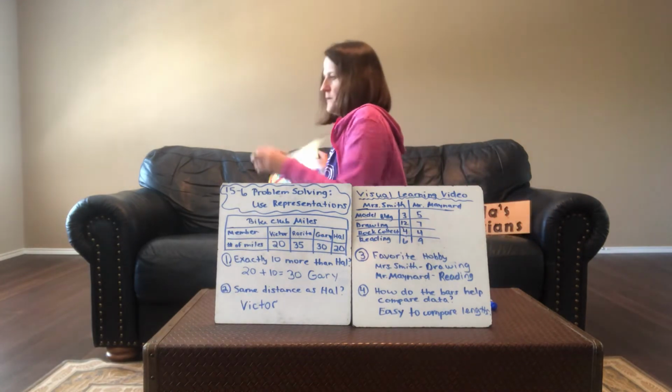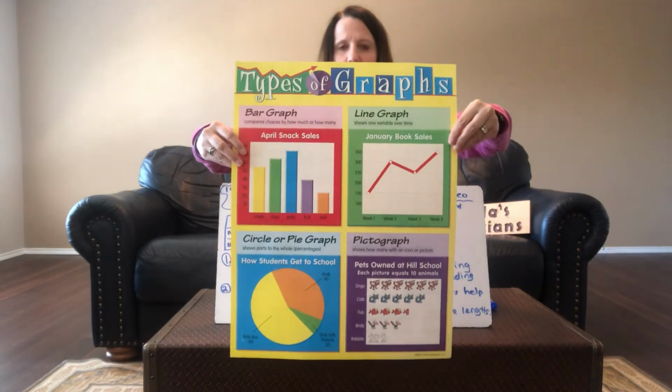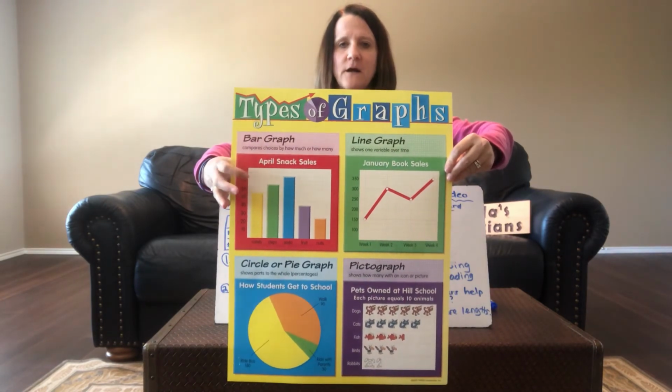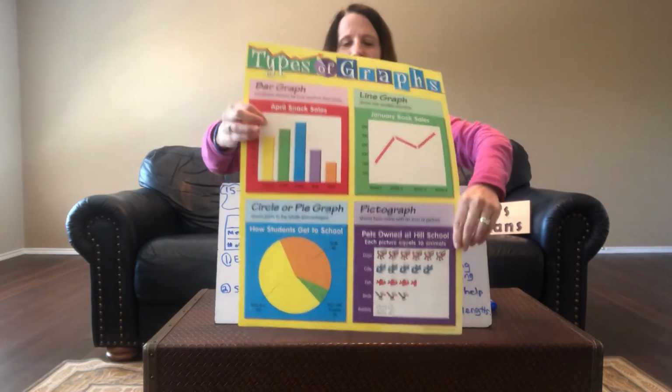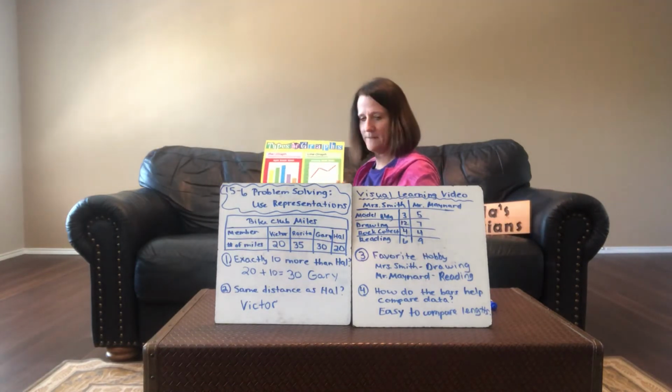I'm just going to show you this little poster. Remember, this poster was in my classroom about the different types of graphs. In 3rd grade, we focus on the pictograph here and the bar graph here. Those are the 2 main graphs we focus on in 3rd grade.